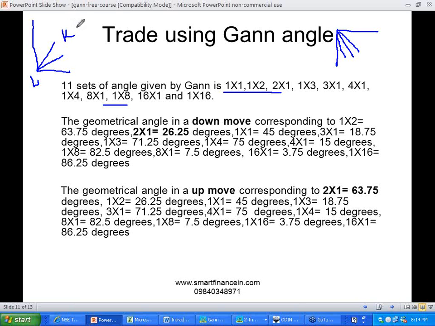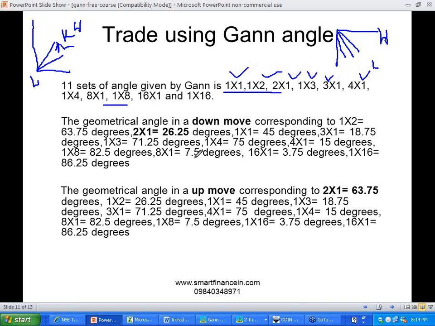From low to high, it will give you various resistances. From high to low, it will give you various supports. Each trend line is named 1 by 1, 1 by 2, 2 by 1, 1 by 3, 3 by 1, 4 by 1, and so on.